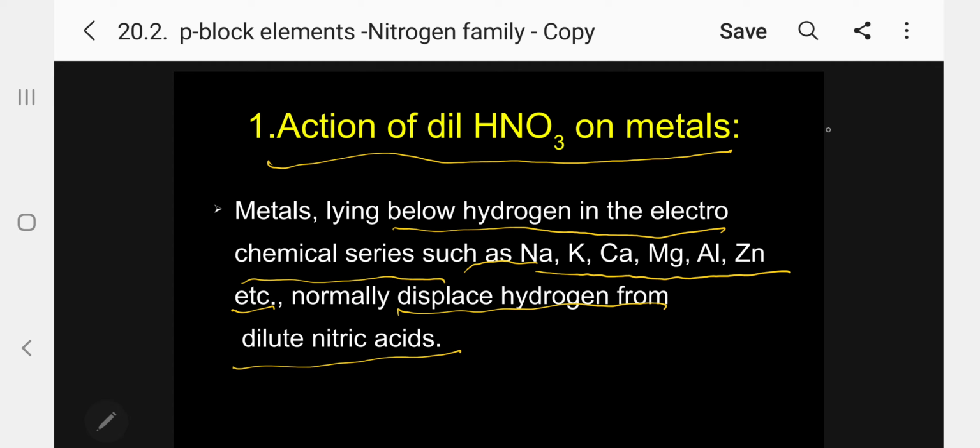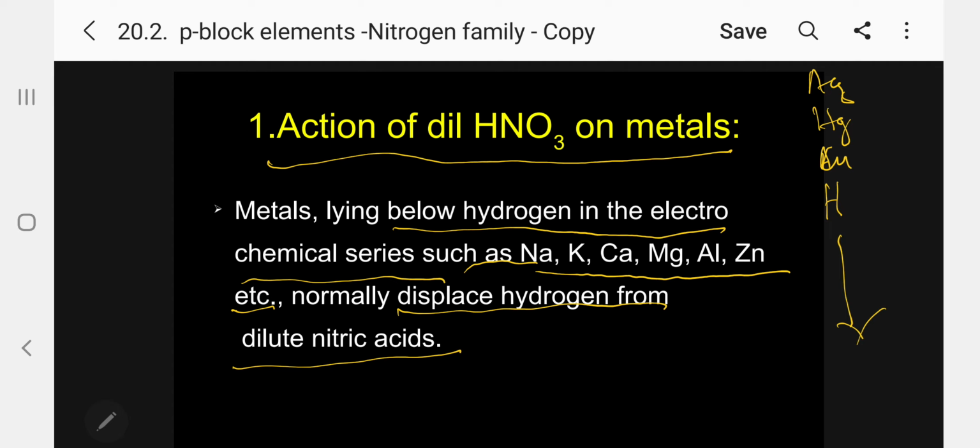Kindly follow. If you take hydrogen as the standard, above that are copper, mercury and silver, and below it come all these metals. Starting from below, the more positive ones: calcium, magnesium, aluminum, zinc, all these.